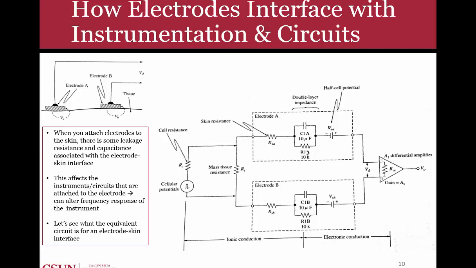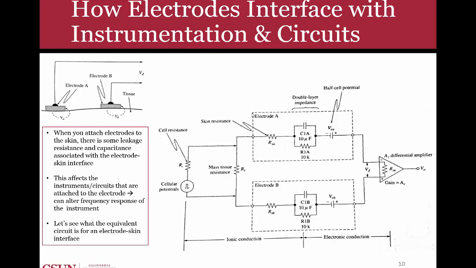Remember that's the separation of the ions and the electrons in the metal electrolyte interface. And then you're going to have like a lump resistance associated with your skin. So in total, this kind of like what's in the box here would constitute what the impedance of the interface of the electrode and your skin would look like.